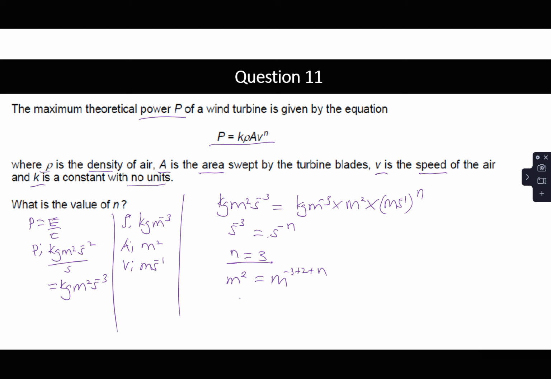So equating the powers, we have 2 is equal to negative 1 plus n, which also implies that n is equal to 3. So I have solved for n. I hope that is home and dry. That is very simple. Let's continue.